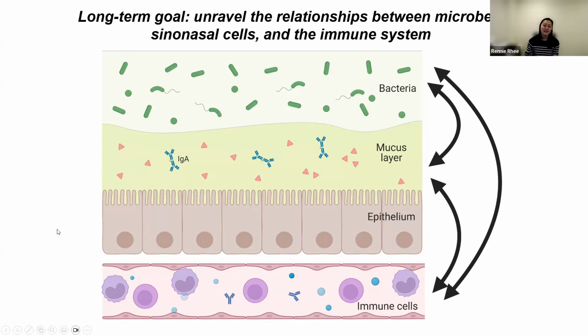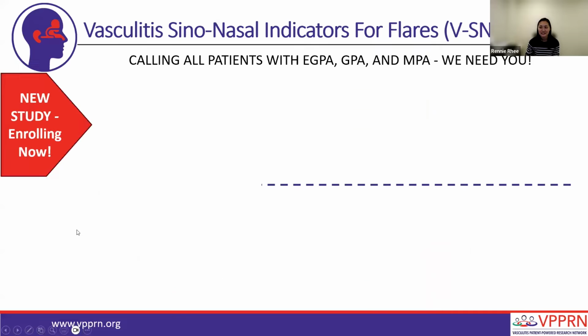The other area of research related to this has also been in just understanding the patient perspective when it comes to sinus and nasal disease and ANCA-associated vasculitis. And this is a study that we recently launched through the VPPRN, the Vasculitis Patient Powered Research Network.